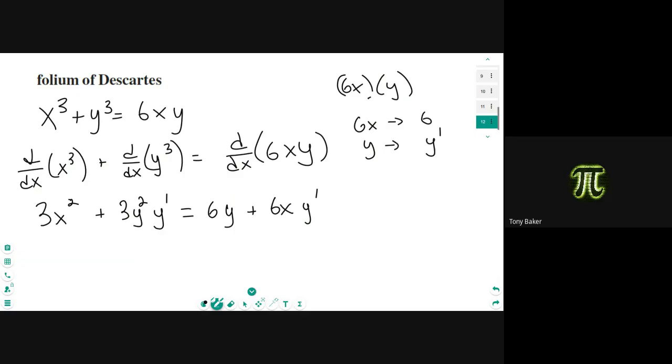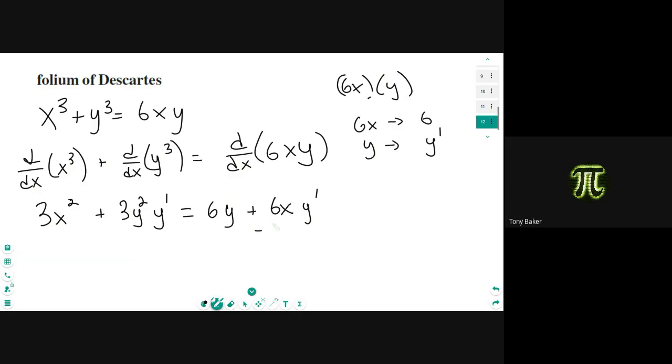Now it's manipulation. This is just an algebra thing. So think back to your equations. When I was solving for a variable, what was the goal? What was the first thing I would have to try to do? Get all the variables on what? One side. I want to get all the variables, the ones I'm solving for, on one side and everything else on the other side, correct? So I want to get my y primes to one side and anything else that doesn't have a y prime to the other side.